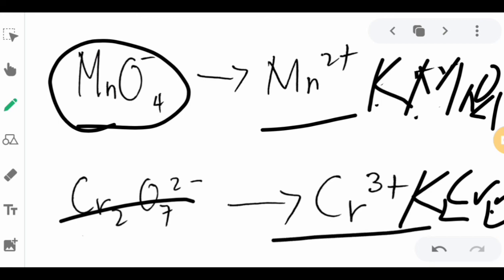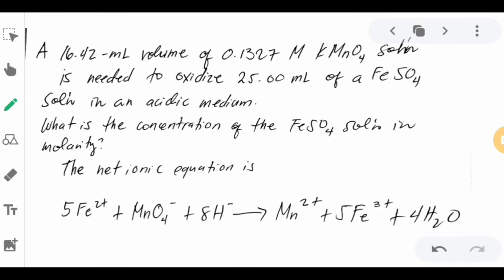So redox titrations require the same type of calculation based on the mole method as the acid-base neutralization. Here is an example of a problem involving redox titrations. 16.42 milliliters of 0.1327 molarity potassium permanganate solution is needed to oxidize 25.00 milliliters of a ferrous sulfate solution in an acidic medium.